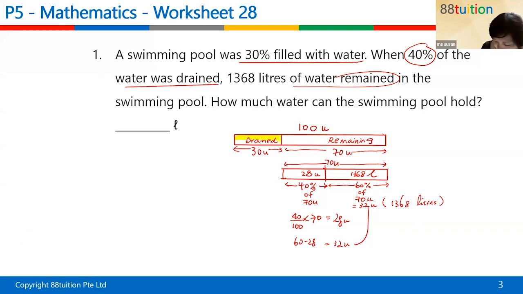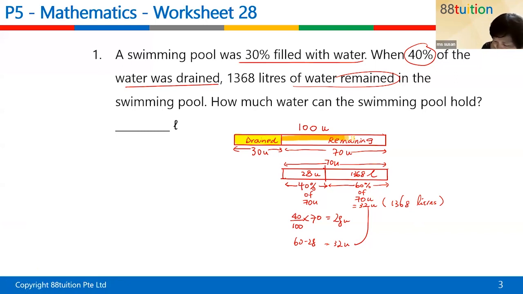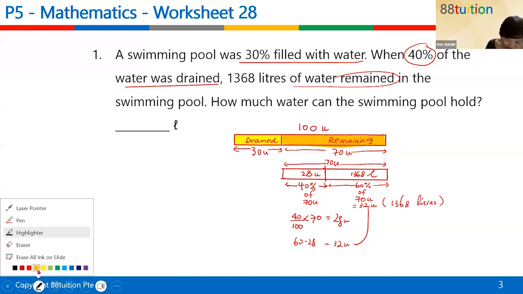I repeat. This is the 30 units that is drained out. And this one is the 70% that is remaining. So with the remaining, I put it down with the model. I break it into two parts.